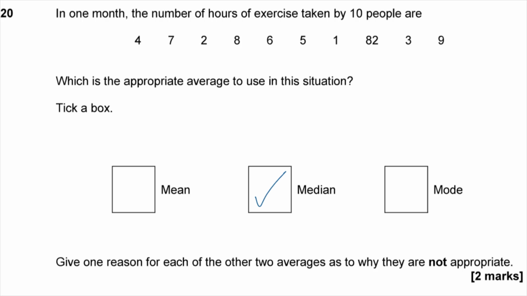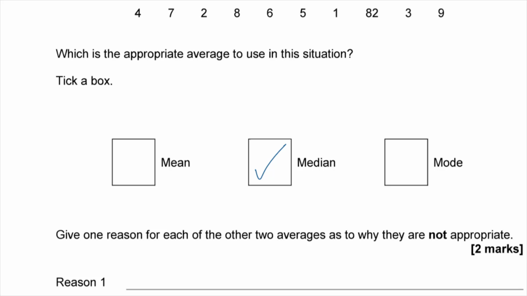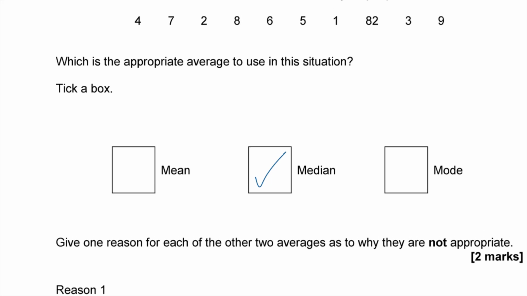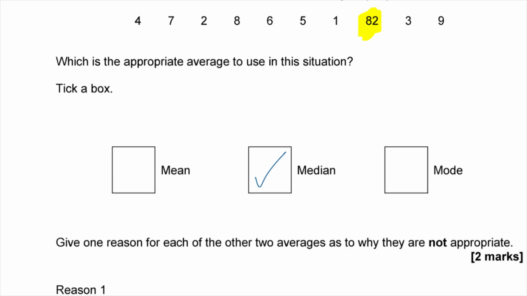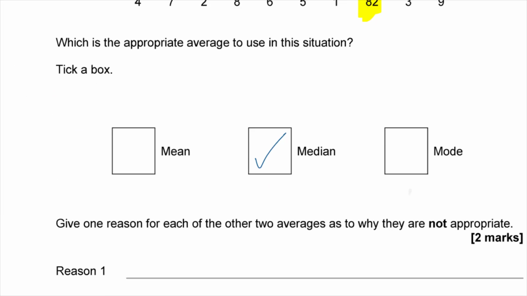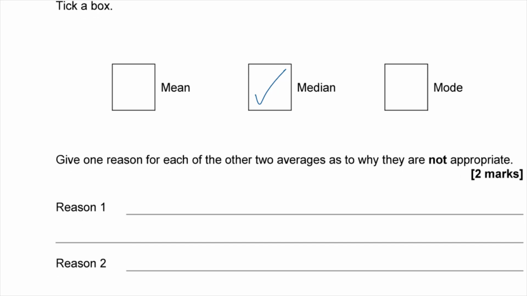Now, why do I think that? Firstly, I don't think the mean is appropriate because of this value here. You can notice it's much bigger than the others. We call that one an outlier, and if I add all those numbers up and divide by how many I've got, then that 82 will have a disproportionate effect on the value of the answer I get.